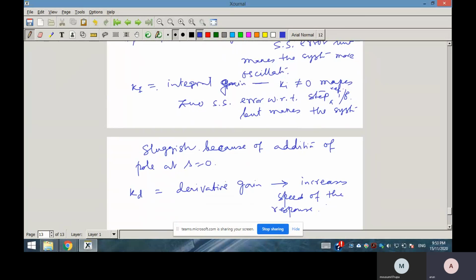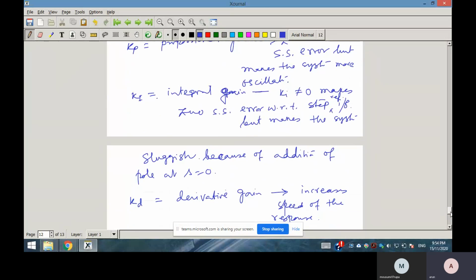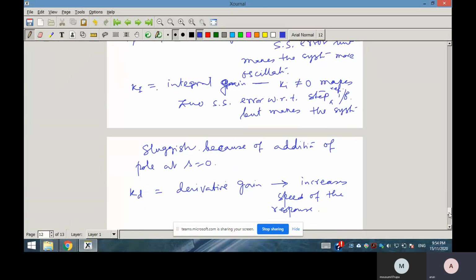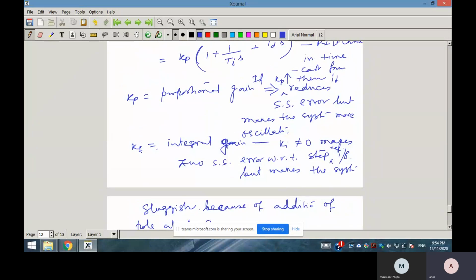So now, the tuning of PID parameters. Tuning of PID parameters is very important in industry, because given a plant, how do you tune Kp, Ki, and Kd so as to have at least some desired response?